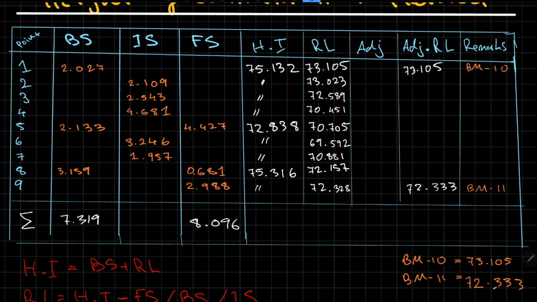So we have essentially got less than what we would have liked. This is supposed to be the real benchmark, but instead via our calculations, we have got a value that is less than the benchmark 11.